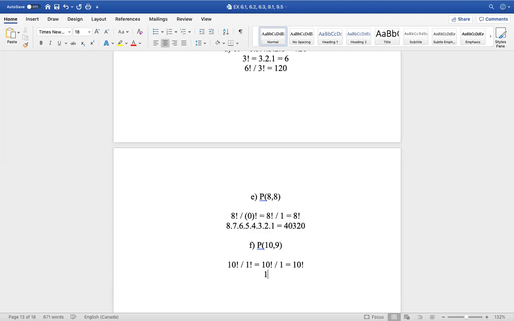And then 10 factorial equals 10.9.8.7.6 and so on down to 1. Then we can do the calculation to get the answer here. So pretty straightforward questions, no big logic, just plugging the values into the equation and getting the result. Any questions here?